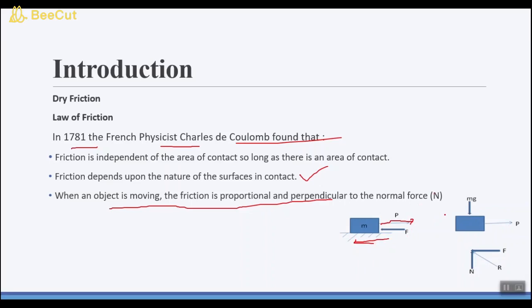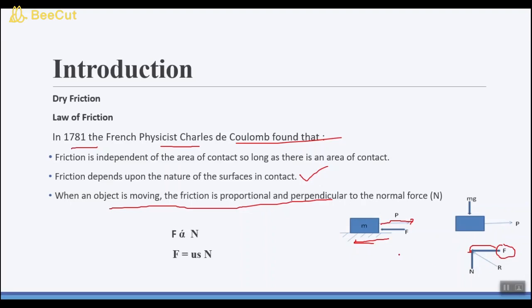If I draw the free body diagram of this body, we can see that the weight of the body acts in the downward direction. As a result, a reaction N will act on it. So this F is directly proportional to N. In other words, if the weight of the body is high, the friction force will be high.